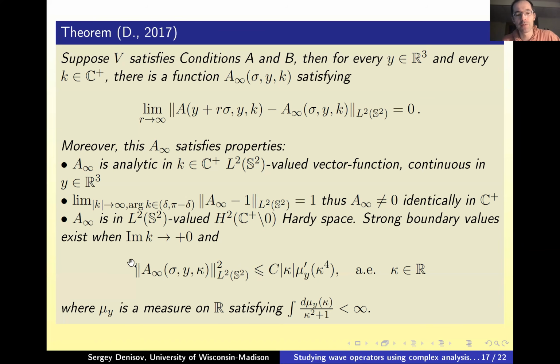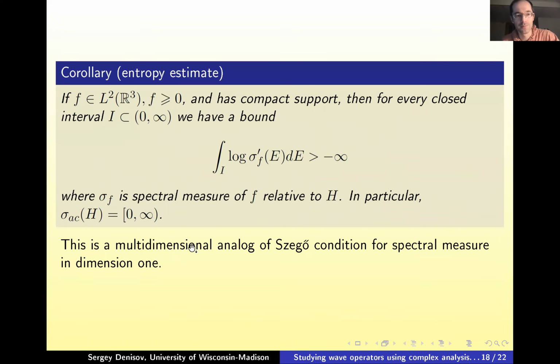And this is an a priori bound, which essentially allows you to say that this function A infinity is kind of a function in the local Hardy space. And this Hardy space is not a scalar Hardy space, rather it's a vector valued Hardy space. And so the target Hilbert space, or these components that I'm choosing, are essentially elements of S2. So combining these two things, one can prove a lot of results.